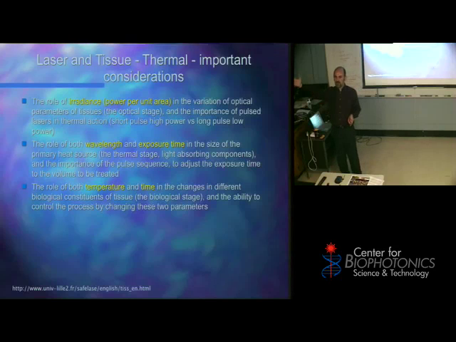If it's even above 100 degrees centigrade, you might have things vaporizing. And again, temperature and time affect each other, because if I shine it for longer, it can heat it more and more, and it can lead to greater and greater damage.